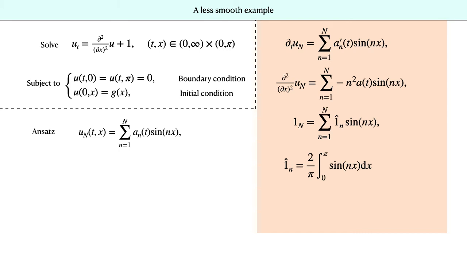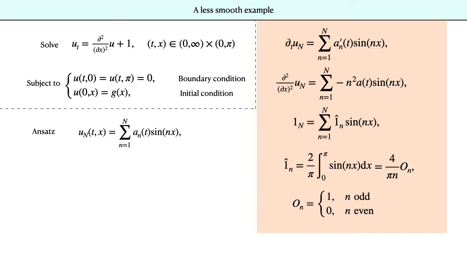I've not included it, but it's the same story as with g. It's the best in the L2 sense, the best approximation you can have of the function 1 using these sine functions. Now, because this integral is very explicit, you can actually calculate it, and it takes this value.